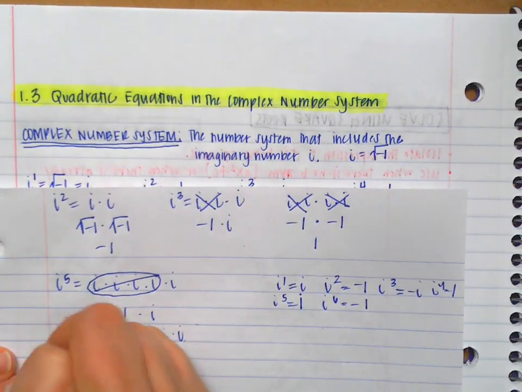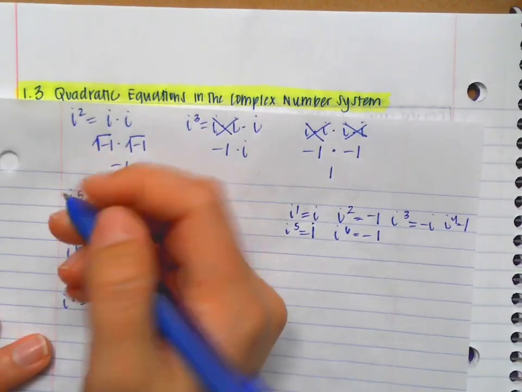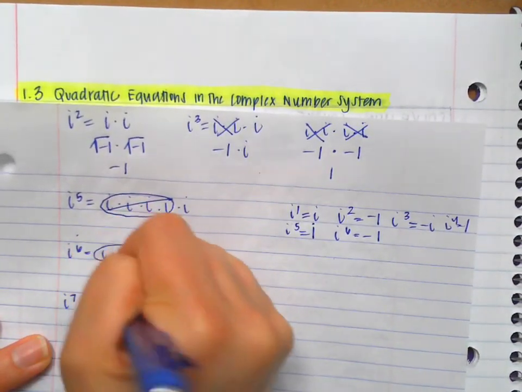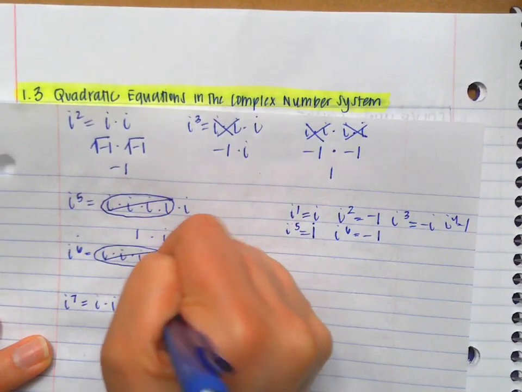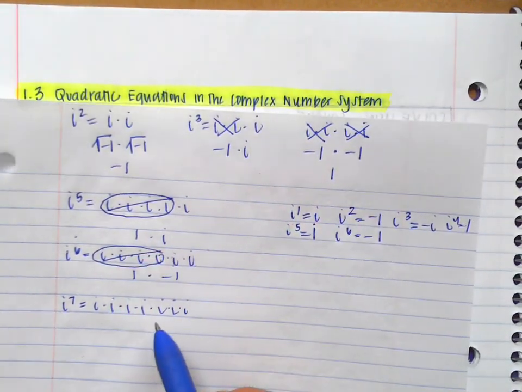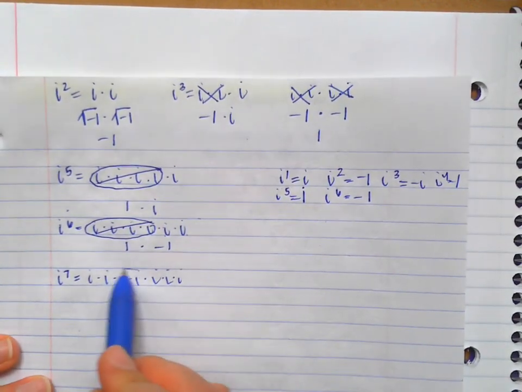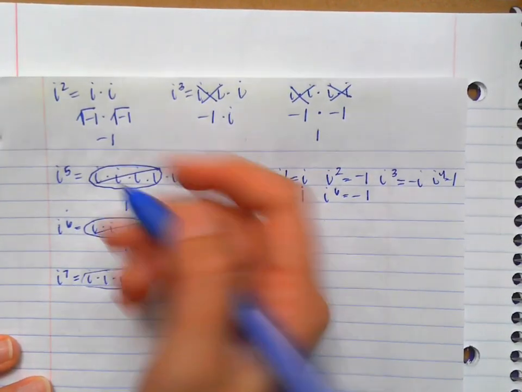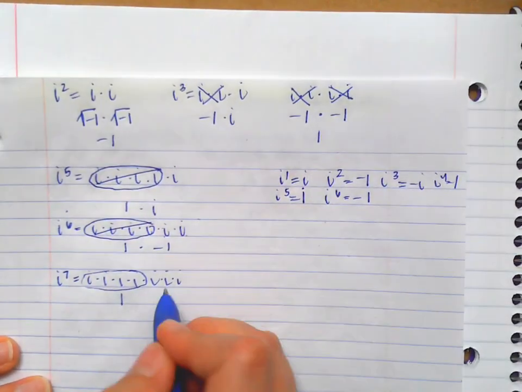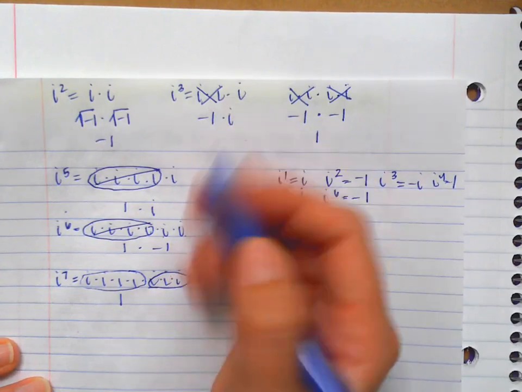Then i to the 7th, that's going to be i 7 times. 4, 5, 6, 7. They're starting to look like backwards J's, but they're i's. So we know i to the 4th, 4 of those is 1. And then we know i to the 3rd is negative i.